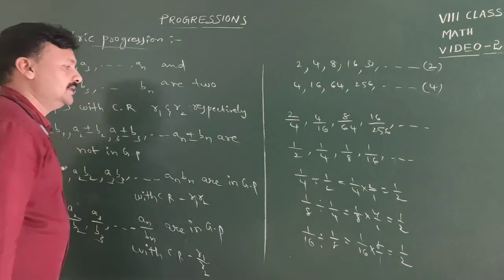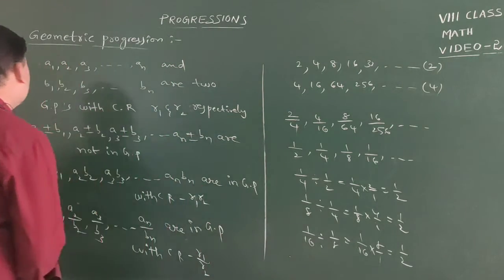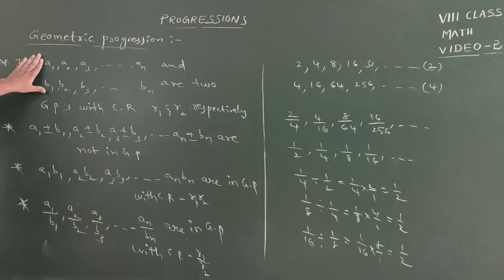Okay, we got the GP. If you divide first term by first term, second term by second term, third term by third term, in this way you can get a GP again, when the first and second sequences are in GP.